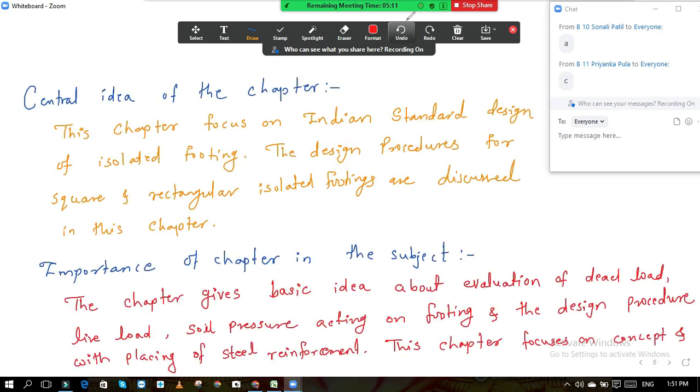Concept and design of isolated footings. This is the importance of the chapter.